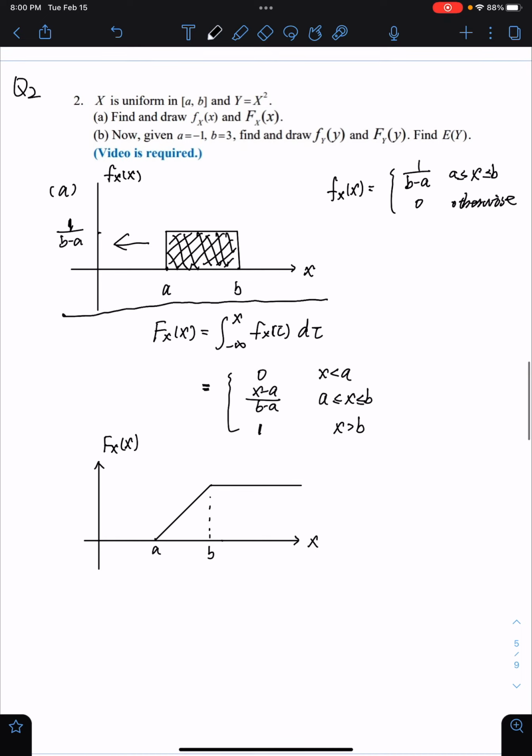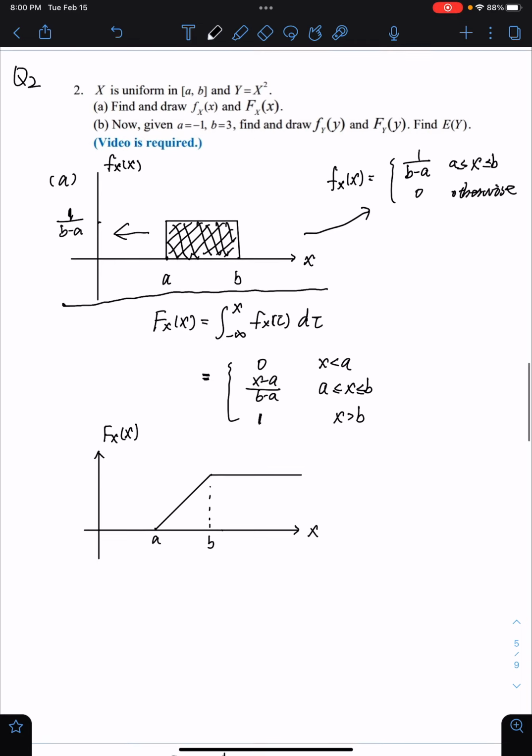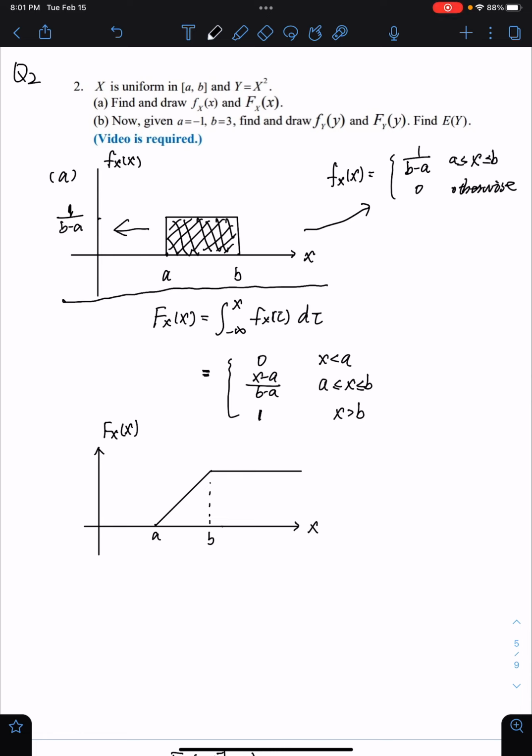So we can easily write the function according to this graph, which is f_X equals 1 over b minus a when x is smaller than or equal to b and larger than or equal to a, and f_X equals 0 when x takes other values.